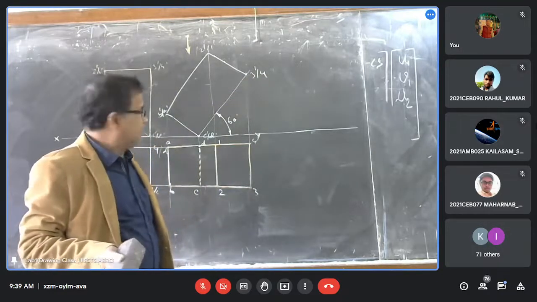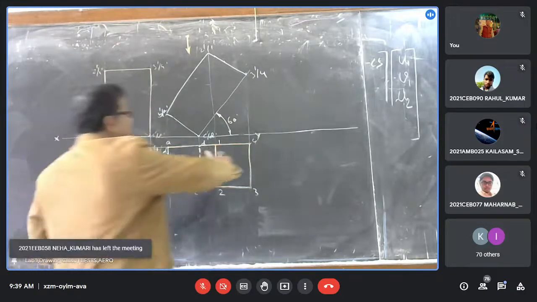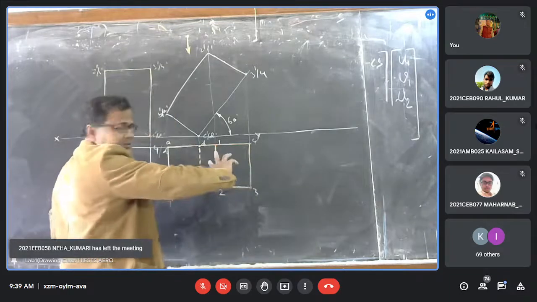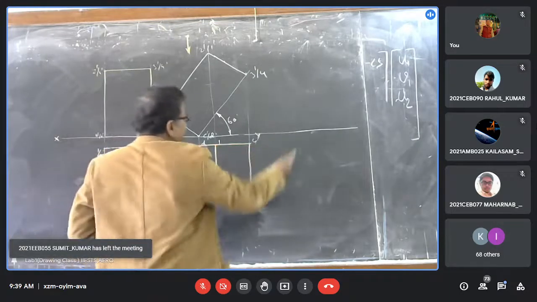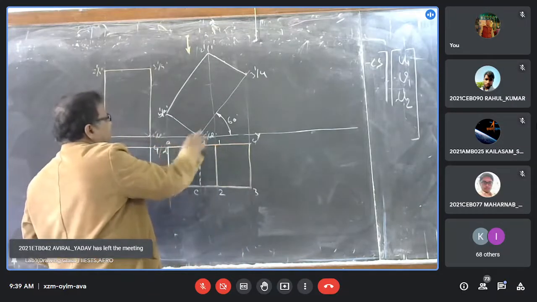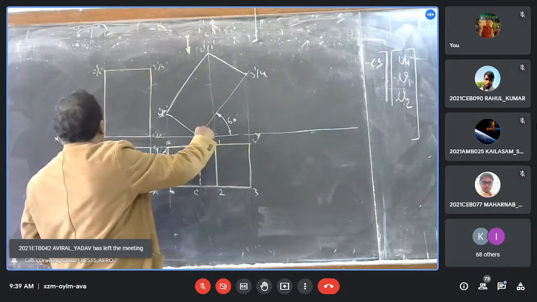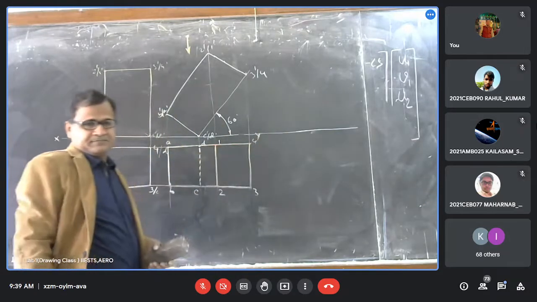Now, if you rotate this one clockwise, while you are facing here, a point may go just beyond the XY line.